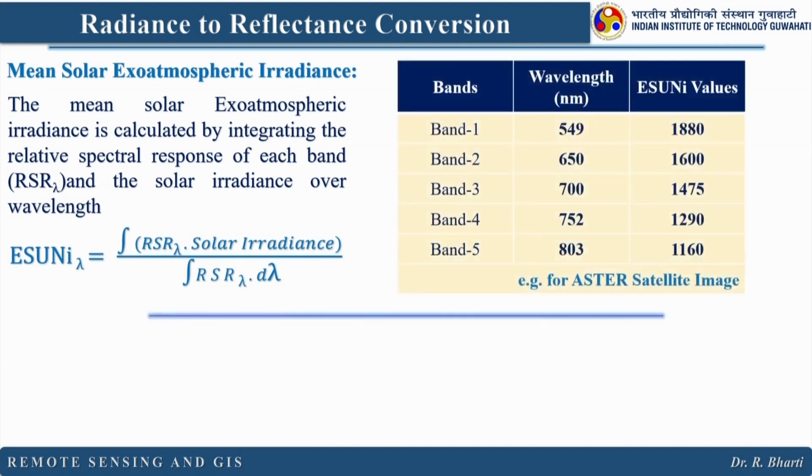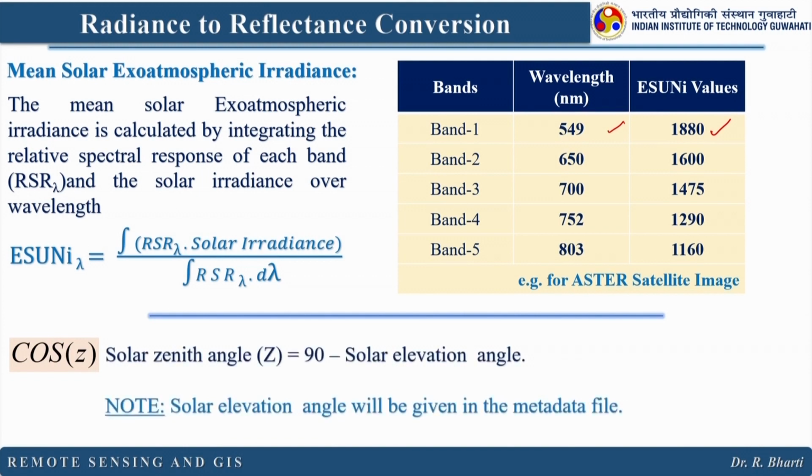For different satellites or different times of measurement, we have different ESUNI values. So, here you have band 1, this is the wavelength, and this is the value, and next is cos z. cos z is basically the solar zenith angle, and in the metadata file you will have the solar elevation angle.